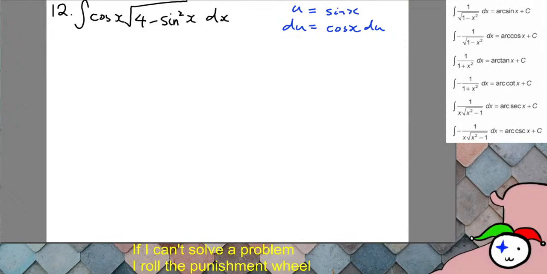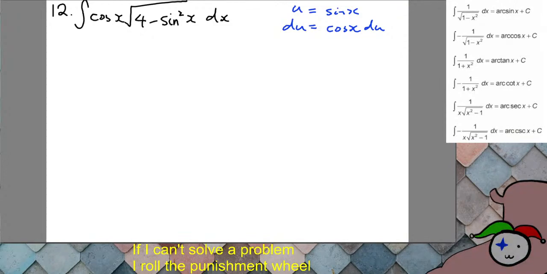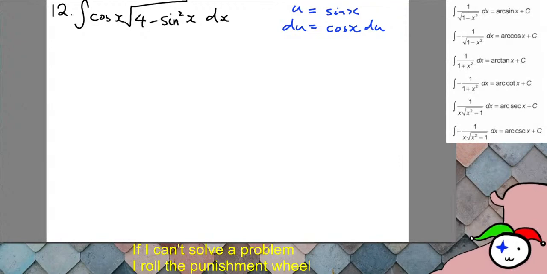But then, is square root of 4 minus u squared particularly easy to solve? Let's see. I guess you will have to use chain. Am I dumb? I might be dumb. Hang on.